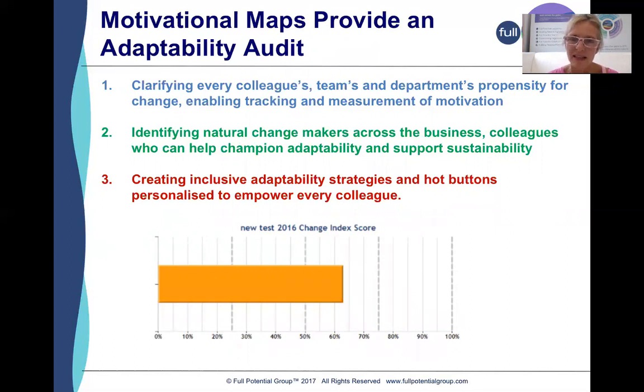But what we find is that we've been mapping some HR teams, and their change index scores, typically in HR, are 80% or more, which is showing us that they are the real drivers that can support adaptability in a business. But equally, if you can find hot buttons and strategies for other people who've got high change index scores, they can be part of your catalytic leadership team.